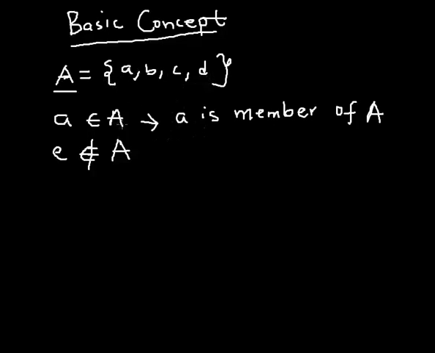But apart from writing out the elements of a set outrightly inside braces separated by commas, there's another way of writing the elements of a set, which is what we're going to look at. It's known as set builder notation. Set builder notation is another way of writing out the elements of a set.